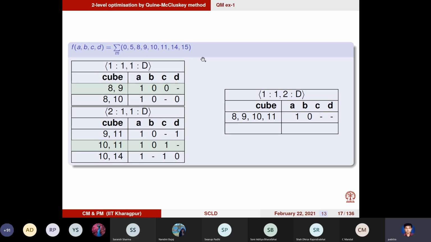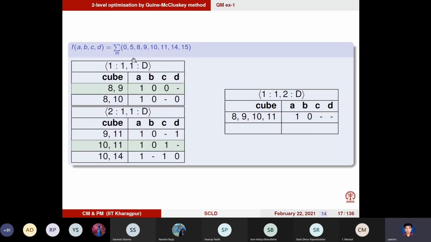At the first level, what you do is that you try to combine every singleton minterm with each other. The combination rule is the same: if there are k variables, and k minus 1 variables are identical and one of the variables is complemented, then you can combine them and drop the complemented variable. The same law as the Karnaugh map. So at the first level we are individually combining them.